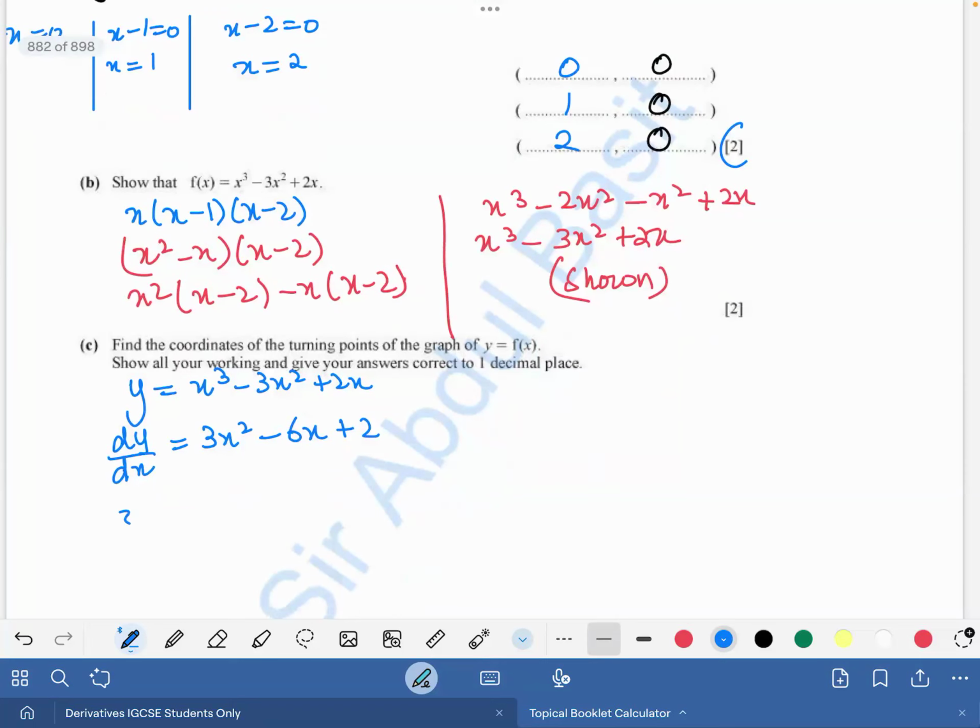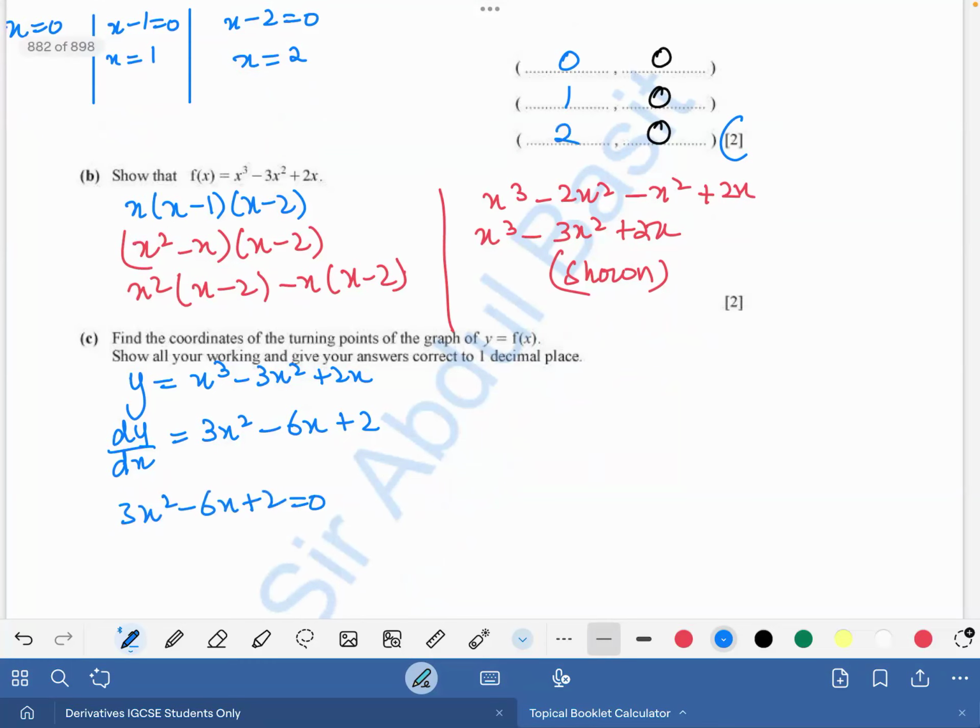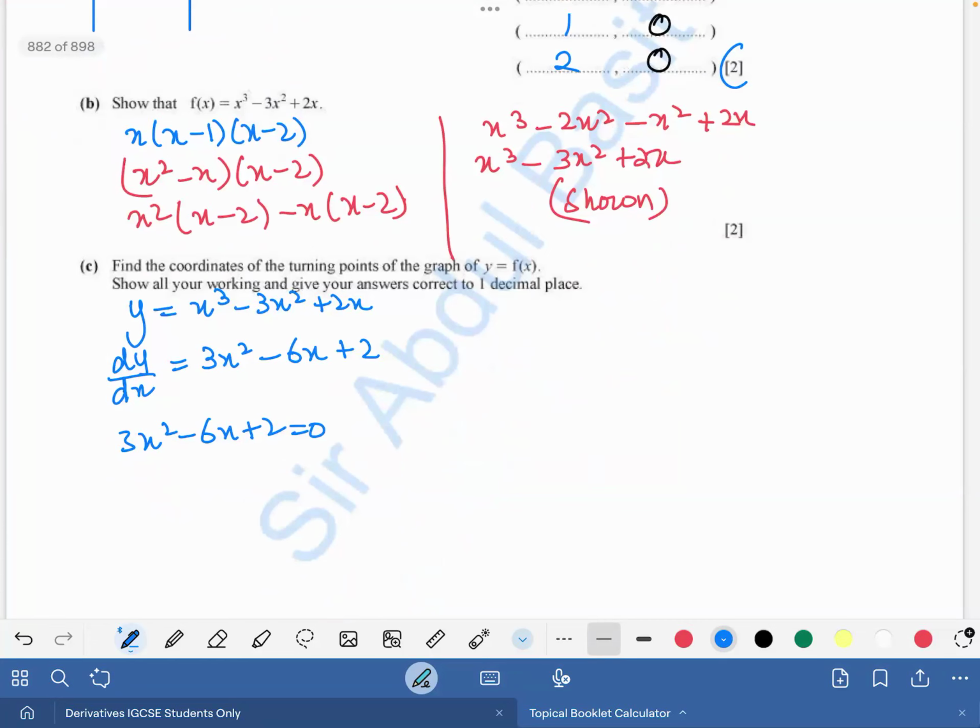Step 2, put derivative equal to 0. Step 3 is solve for x.